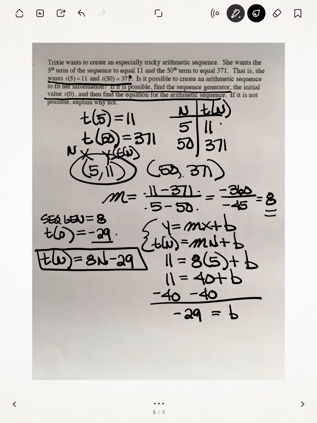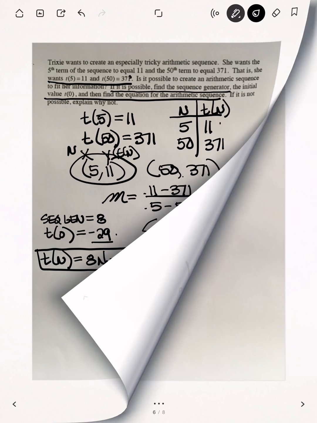Okay? Next problem. It says Trixie is at it again. This time she wants an arithmetic sequence that has a graph with a slope of 22. So let's write that down. Our slope is 22.